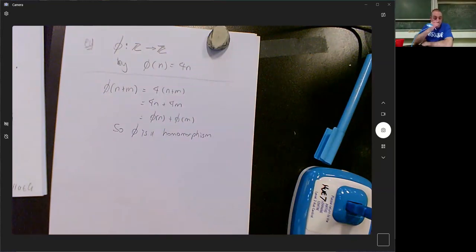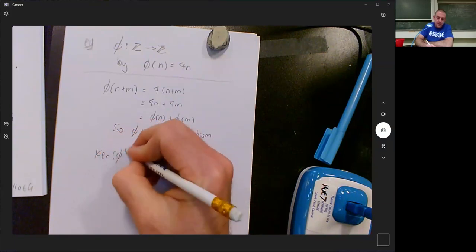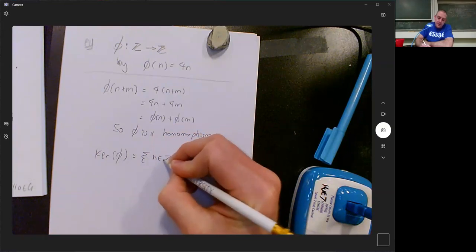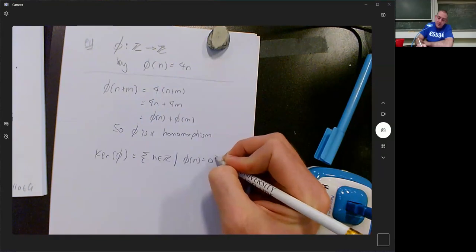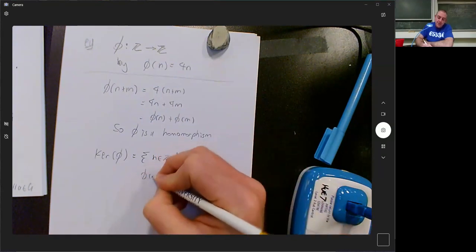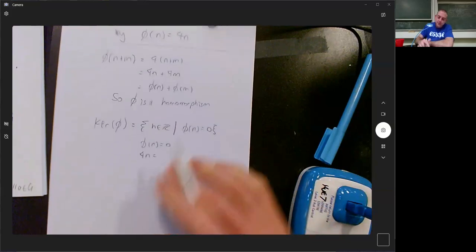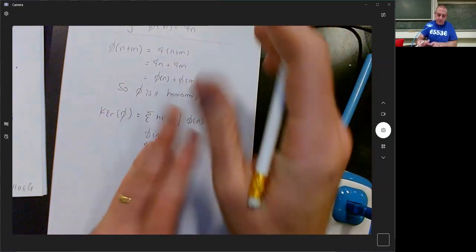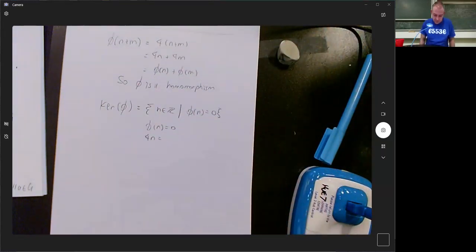And so we are interested in what the kernel is. The kernel of phi is the set of things that are in Z such that phi of n is 0. And 4n being 0 means... I've done something wrong.